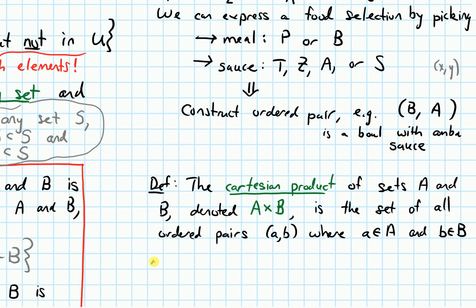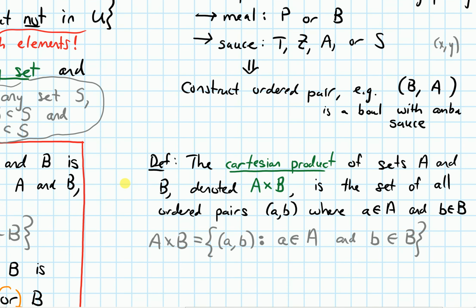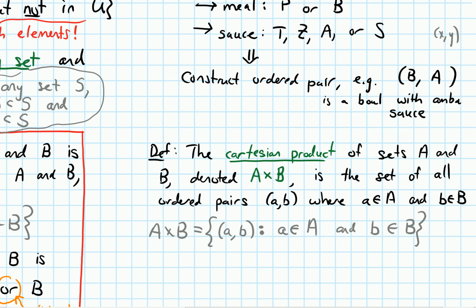I could describe this as a rule, A cross B, and this is the set that consists of all ordered pairs a comma b, colon, which means such that little a is an element of big A, and little b needs to be an element of big B or capital B. Okay, so let's get comfortable with this notation in the context of this example.